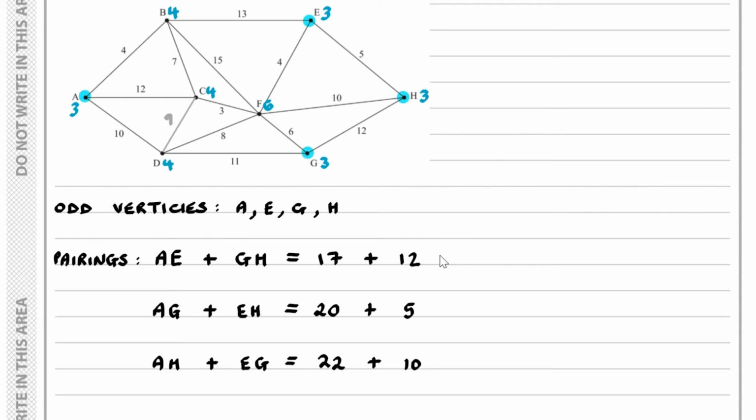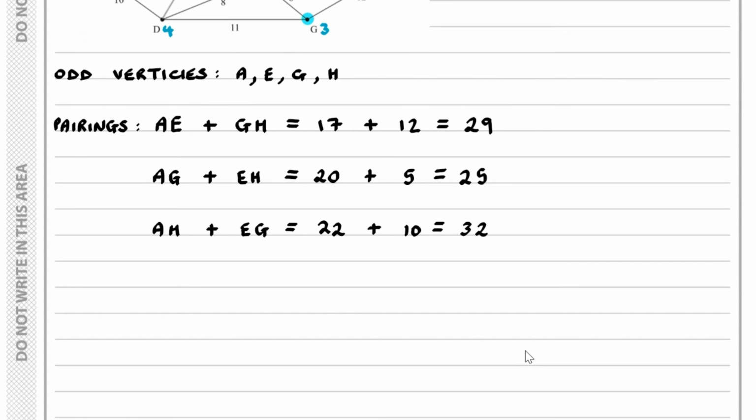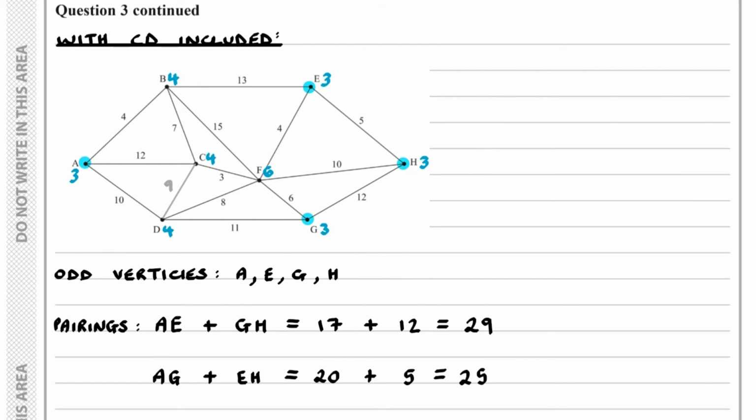So if I work out these totals, I get 29. Here I would get 25. And here I would get 32. So those are my pairings with CD included.